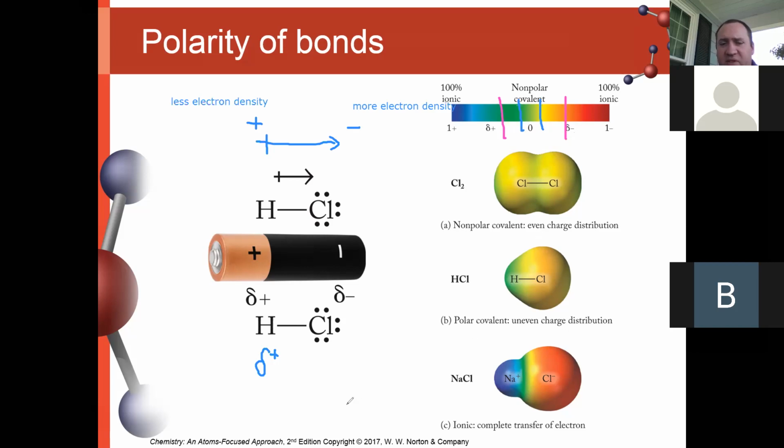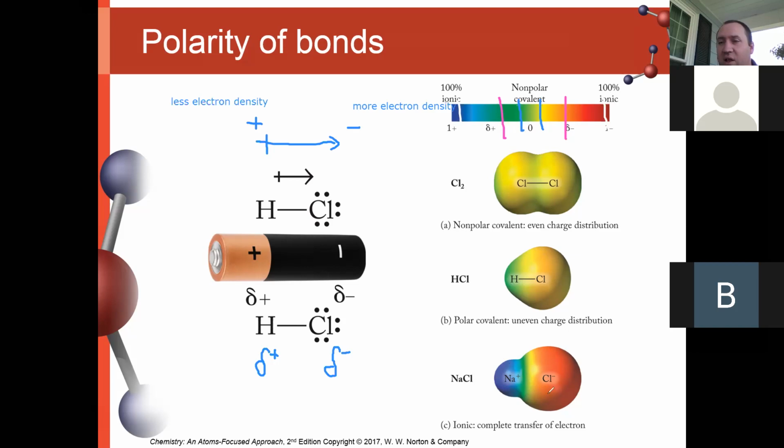And then when it comes to looking at the ionic bond, like in sodium chloride, we can see that the chloride has completely separated itself from the sodium. The sodium practically has no attachment to that electron whatsoever because it's given it away.